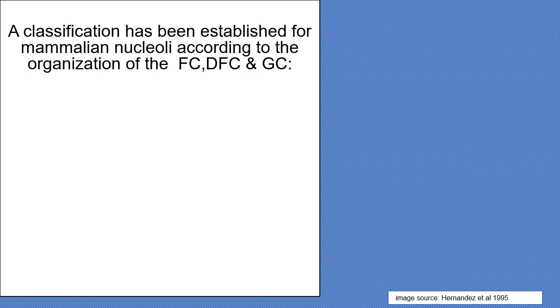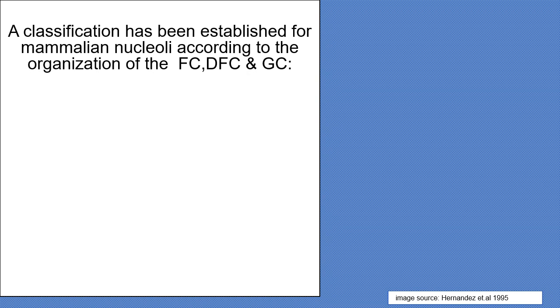The three nucleolar domains, that is the fibrillar center, dense fibrillar component and granular component, are found in all mammalian cell nucleoli except those in oocytes, spermatocytes and embryonic cells at the first stages of development.